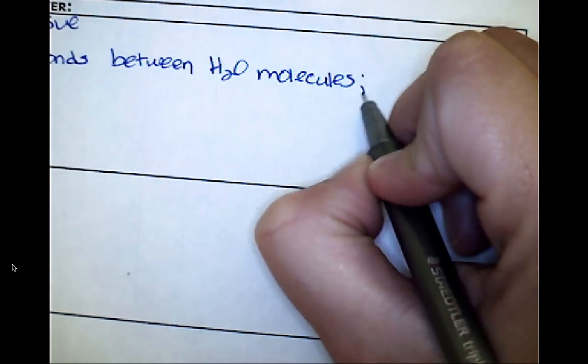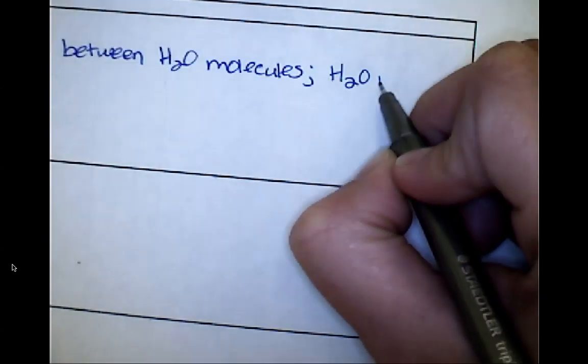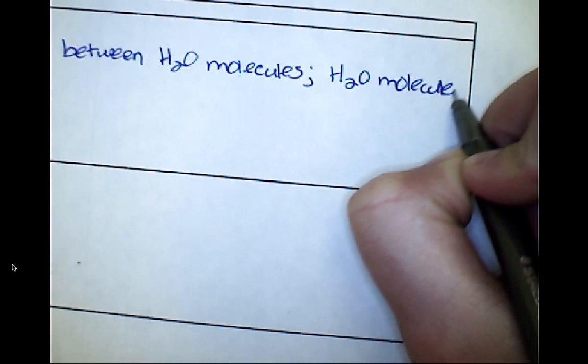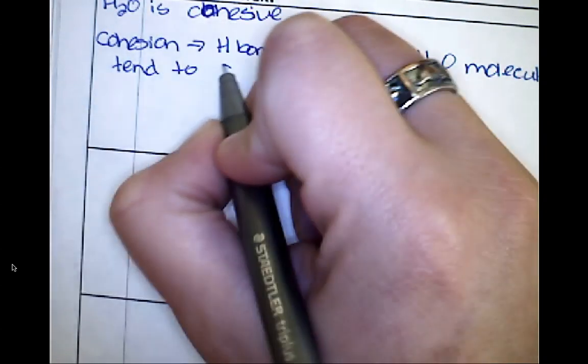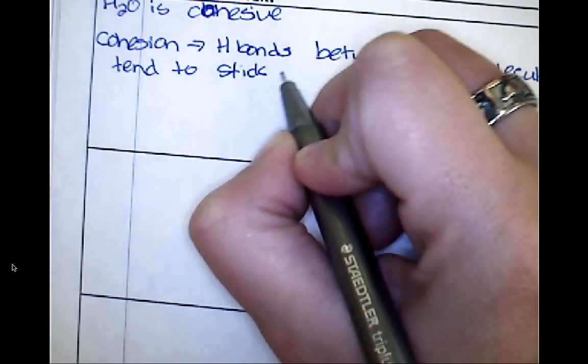So water molecules tend to stick together. They like each other. That's why it's easy to pour water out of a glass.